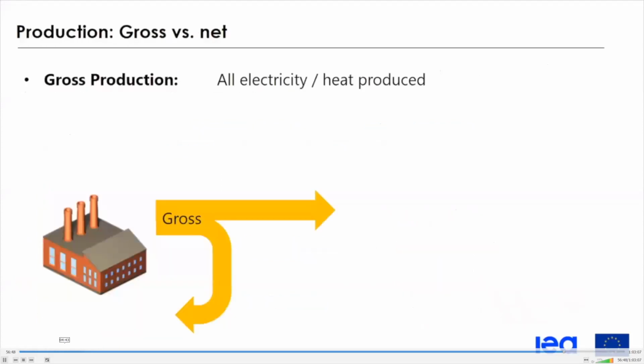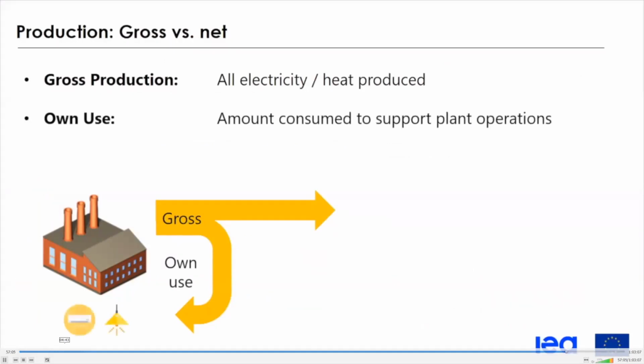Now, let's talk again about the concept of gross and net production. Gross production refers to the total output of electricity or heat generated in a facility before any uses. However, not all of this is used for productive purposes beyond the power plant. Some of the electricity and heat generated is used on-site at the power plant for lighting, heating, and to support plant operations.